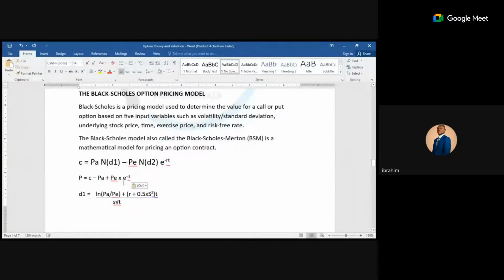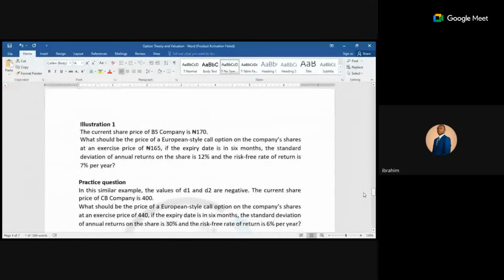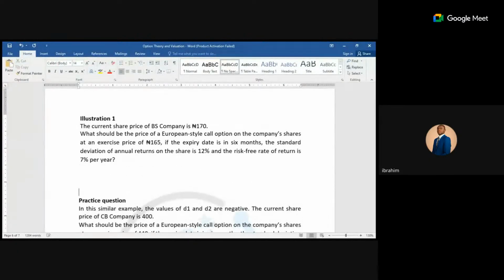The PE is the exercise price times exponential raised to the power of minus R times T. This will give us the value of a put option, which you can also call the put option premium. Plus. So, illustration 1.